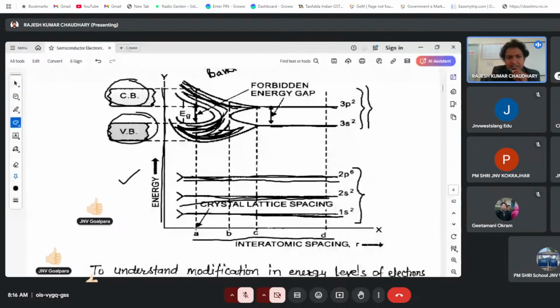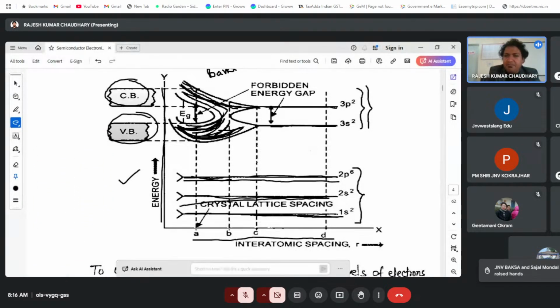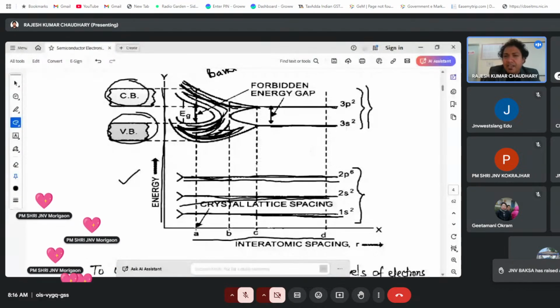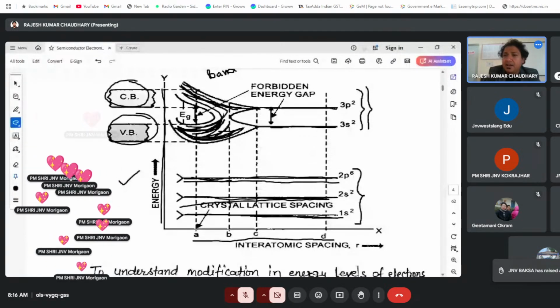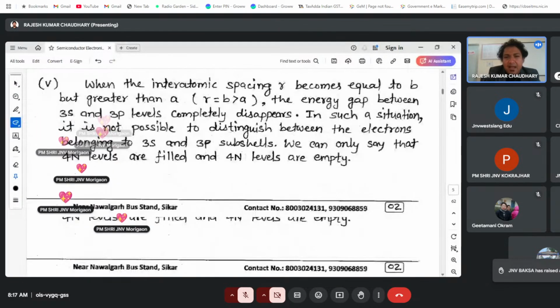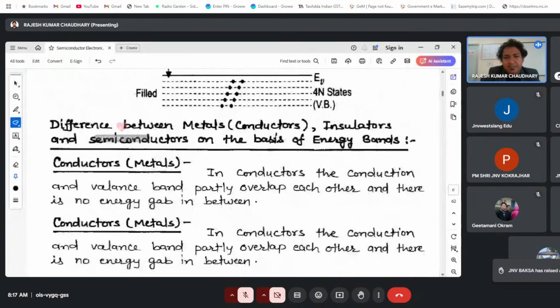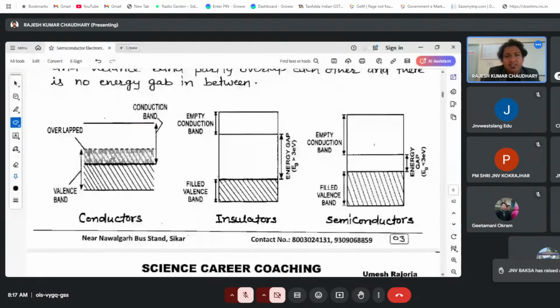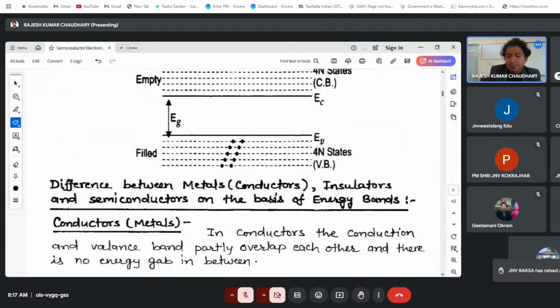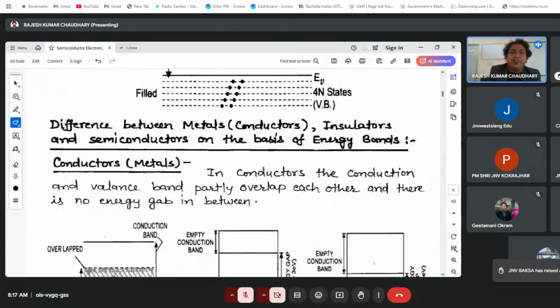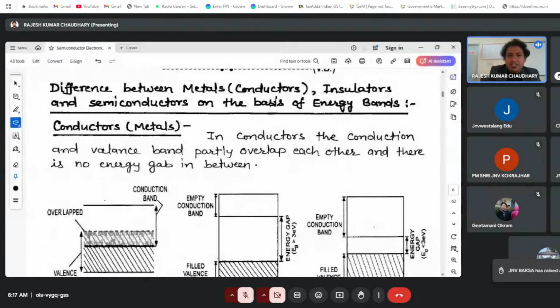So this is the diagram from which we will now define our energy band diagram of solids. Sometimes you may feel, why are we drawing this kind of diagram?